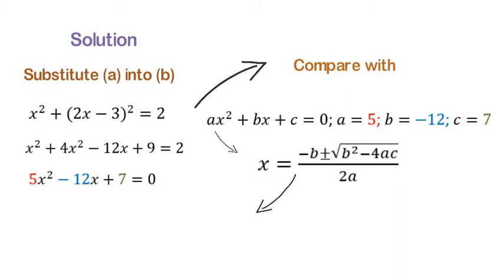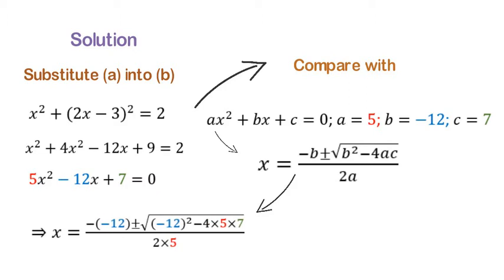Substitute the values into the formula. You have x equal to minus minus 12 plus or minus the root of the square of minus 12 minus 4 times 5 times 7 all divided by 2 times 5.